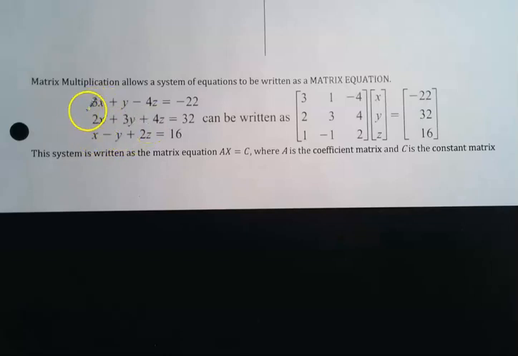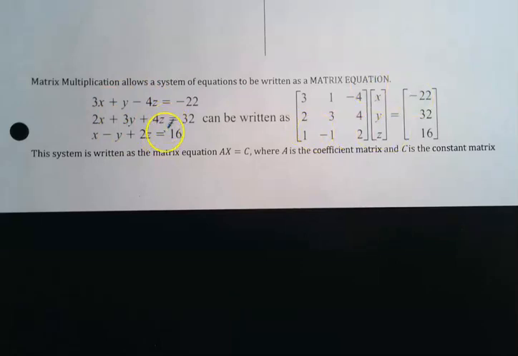Notice all 3 of them have an x, a y, and a z in this case. And we have them all in order, right? X, Y, Z, X, Y, Z, X, Y, Z. They won't always be written like that for you when we're solving them, but we're going to start out this way. Okay, so if you notice, it says these 3 equations can be written as this matrix equation.